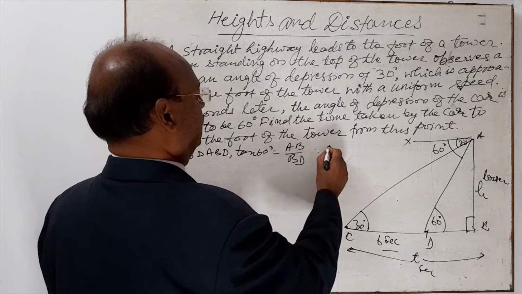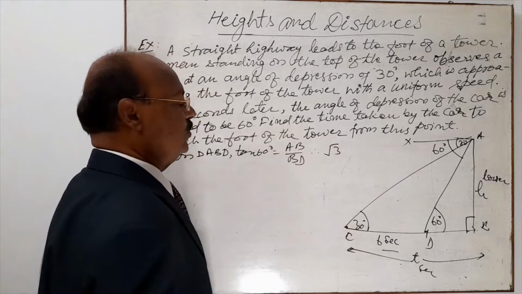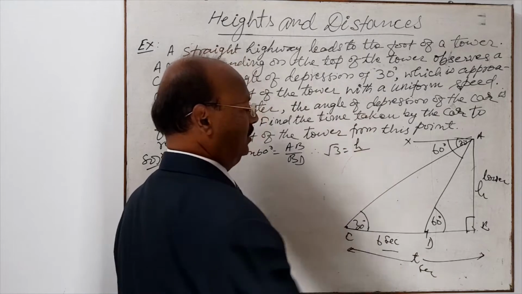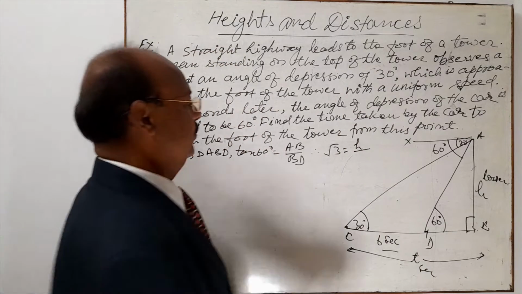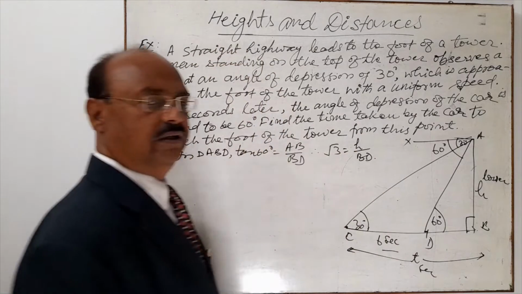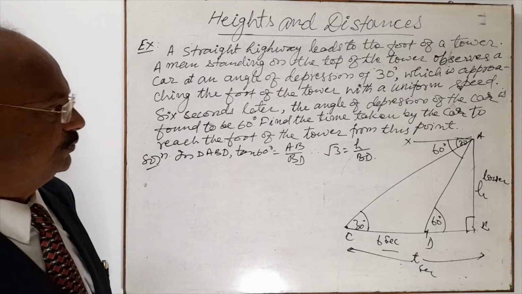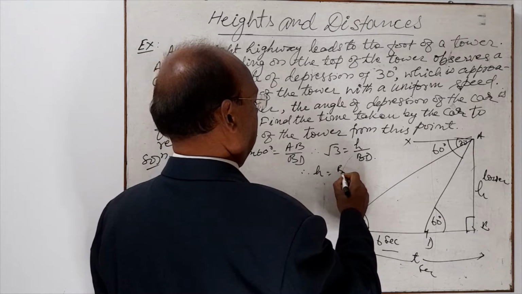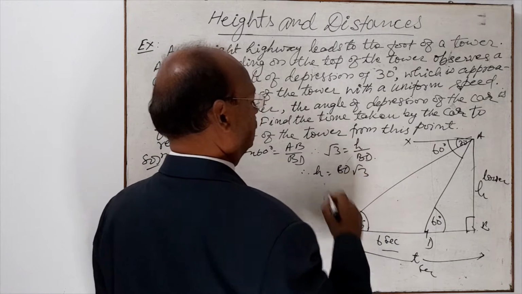And therefore, you know, tan 60 is root 3. AB is the height of the tower, H upon BD. Correct? So H is equal to how much? BD into root 3.